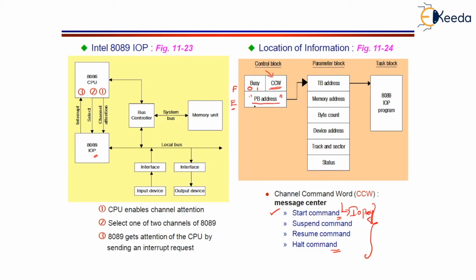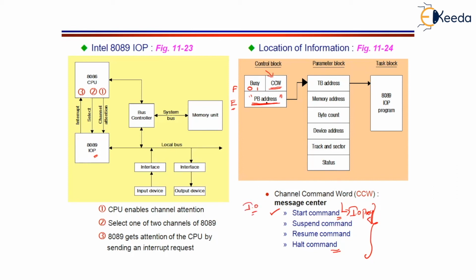Parameter block address. By using the parameter block address, the 8086 will intimate 8089 where the IO program is located within the main memory. The parameter block address is just a pointer which shows the initial address of the IO program.